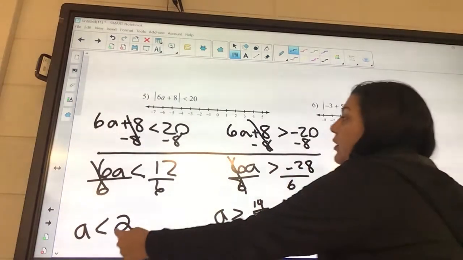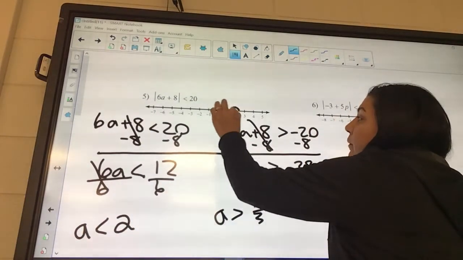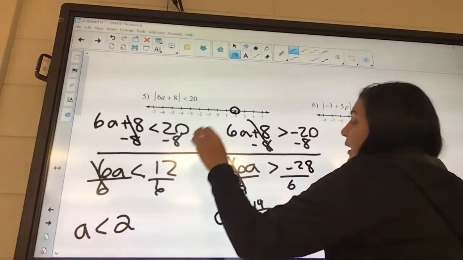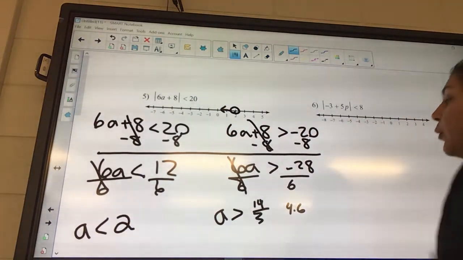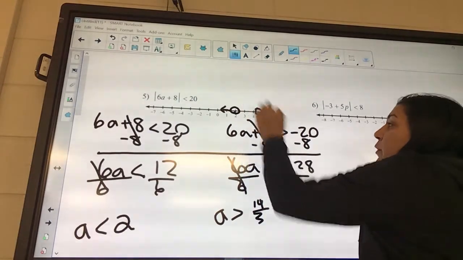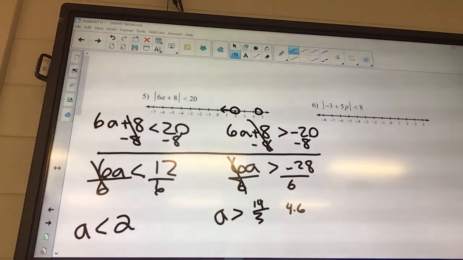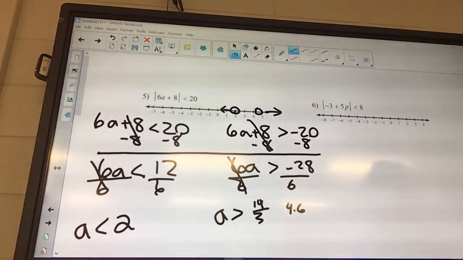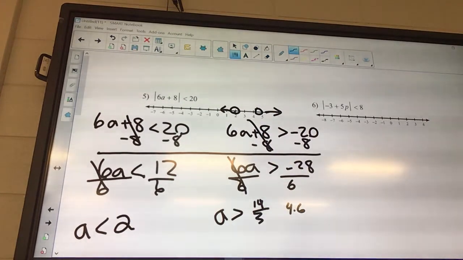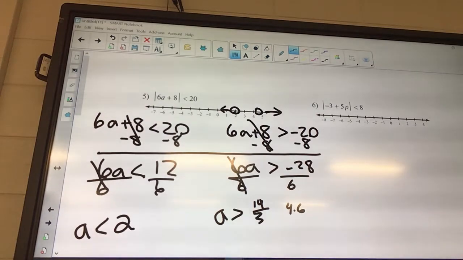Okay, so on the 2, it should be open, and this says A is less than, so it's going to go this way. And then the 4.6 is also going to be open, so that's somewhere between the 4 and the 5. And it says A is greater than, so it's going to go this way. Is this an and or an or? Or. It's going to be an or.